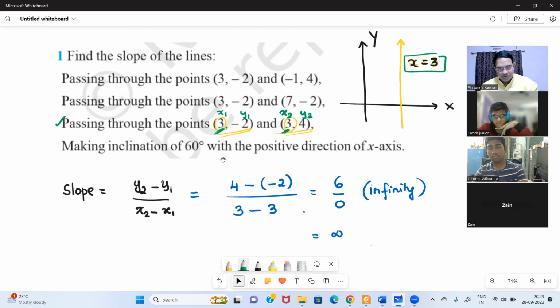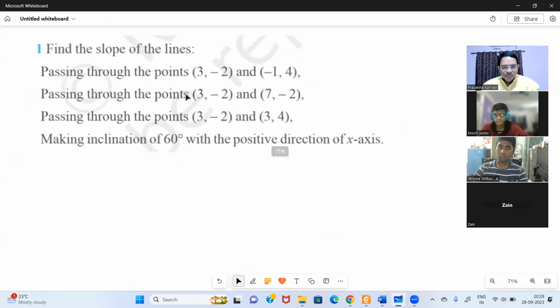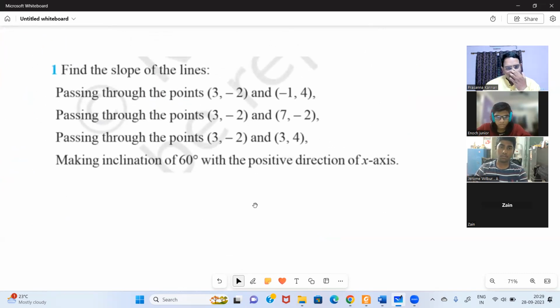Okay. Good, no problem. So let's do the last question in this. Okay, Enoch, you will do this. Find the slope of the line, the fourth one, which is making an inclination of 60 degrees with positive direction of x-axis.